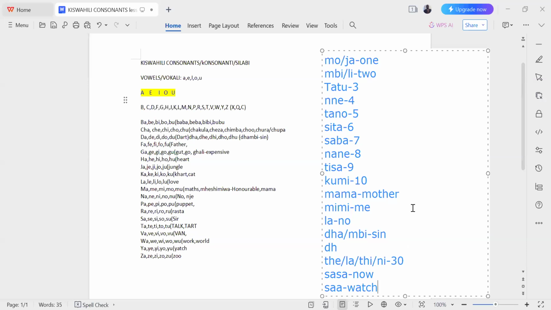Like you see, when you did the letter cho, it was a vowel O following another vowel O to make it cho. You see that? Now we are doing the letter sa, which is a vowel A following another vowel A to make it sa. You see? We also did the word he, which is H-I.